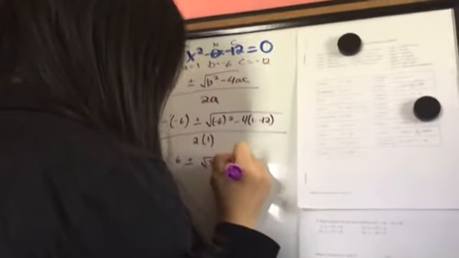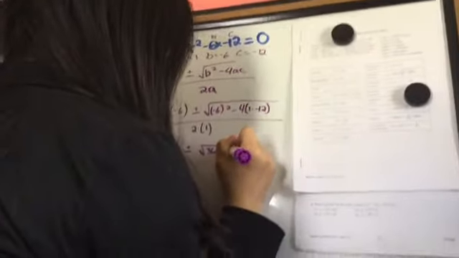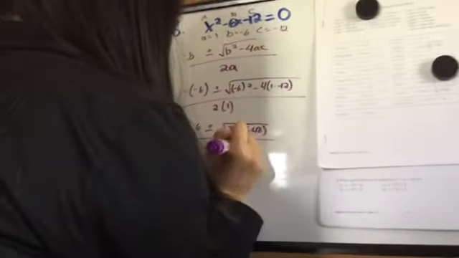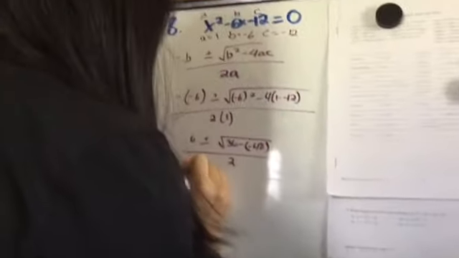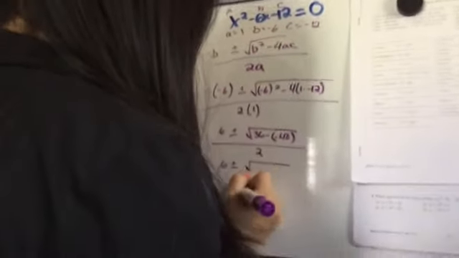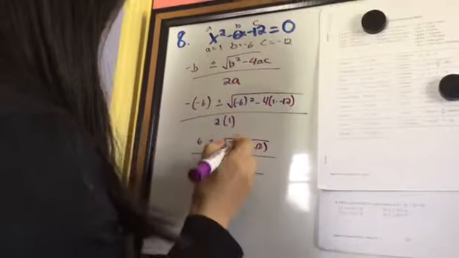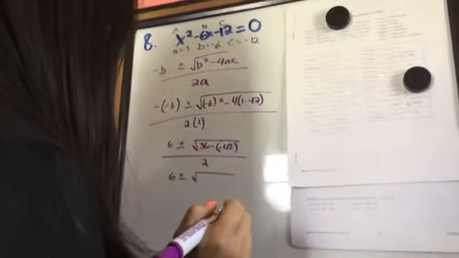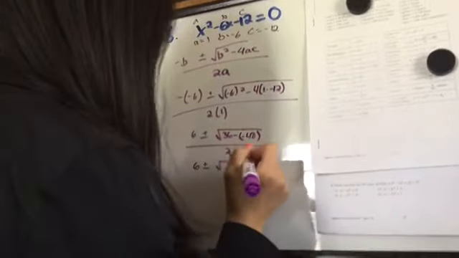So that would be minus negative 48, all over 2. So 6 plus or minus the square root of, this would be plus because subtracting a negative is actually adding. So 36 plus 48.